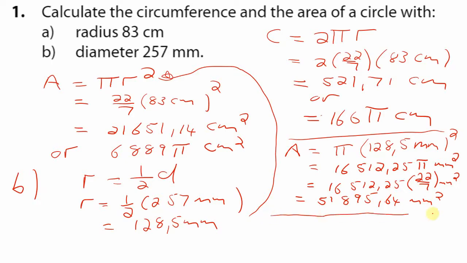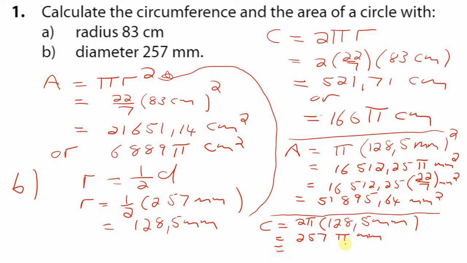So if we focus on the circumference or perimeter, it's 2 pi radius, and now we have 2 pi. In the place of the radius we have the 128.5 millimeter. So 128.5 times 2 gives us 257 pi millimeter.